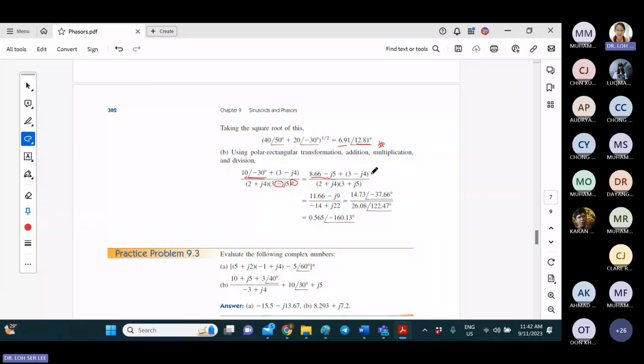Okay, so here at the top, you just sum up, you get this. And at the bottom, you need to expand. Okay, expand, simplify, then you get one complex number, this one.